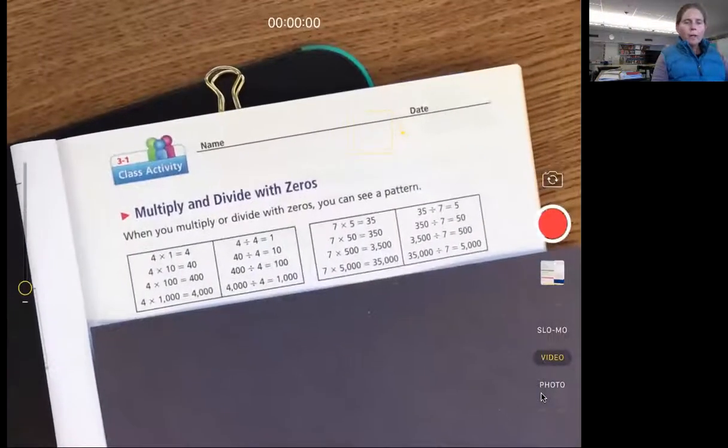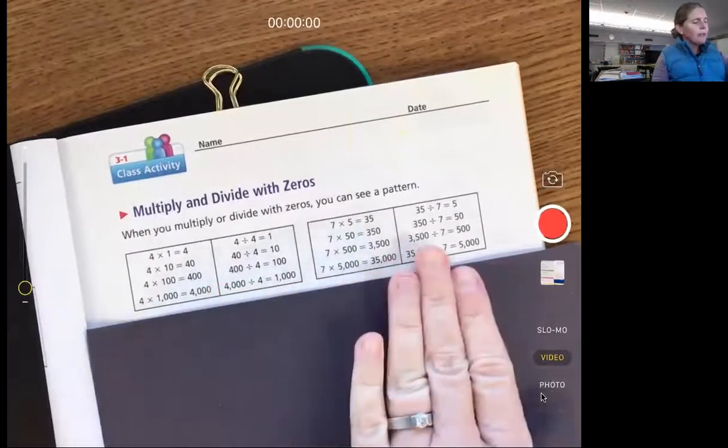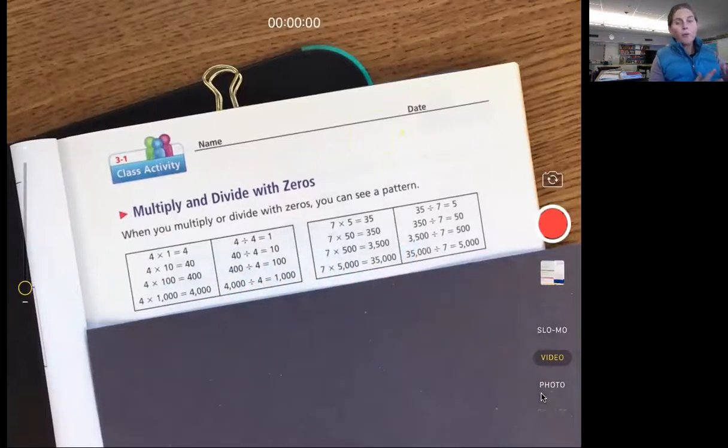The first thing I want us to do is just to look in these two boxes or four boxes, if you will. I want you to see what pattern you notice. Look at it with a multiplication eye and a division eye. Just give you a second to peek.